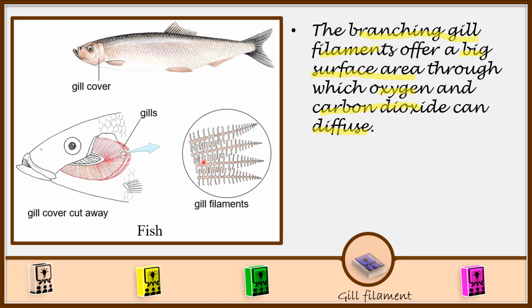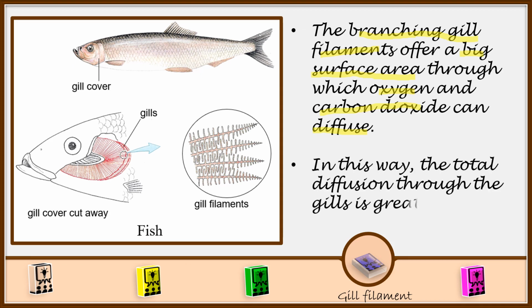When they are divided into those small filaments, it increases the surface area, meaning that diffusion can take place in all those areas. So that increases the surface area through which oxygen and carbon dioxide can diffuse.